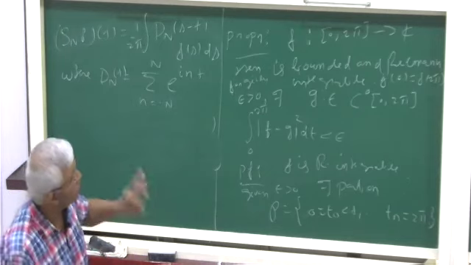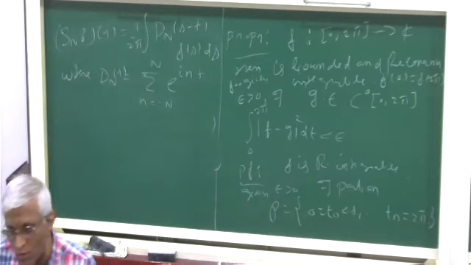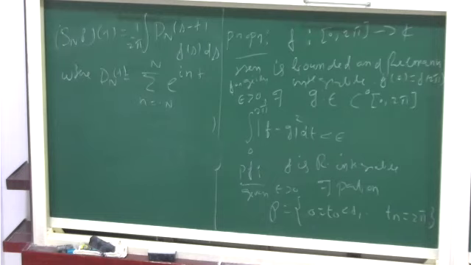Like Z3: 0, 1, 2. What do you mean by it being a group? If it goes beyond, you subtract. Similarly, if it goes beyond 2π, you subtract 2π.